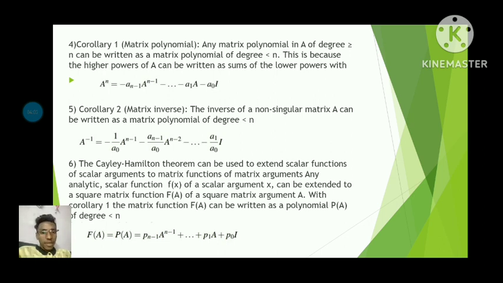This indicates that f(A) equals p(A) equals p_(n-1) A^(n-1) plus up to p_1 A plus p_0 I. It is the sixth equation.